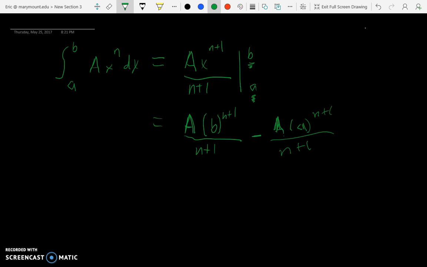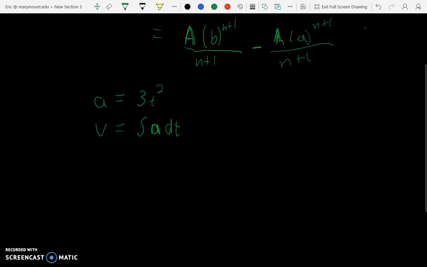So let's say in a problem I'm given an equation for acceleration. I'm told that acceleration is equal to 3 times t squared, and I'm asked to find the velocity. Now the velocity is equal to the integral of the acceleration with respect to the variable t, with respect to time.